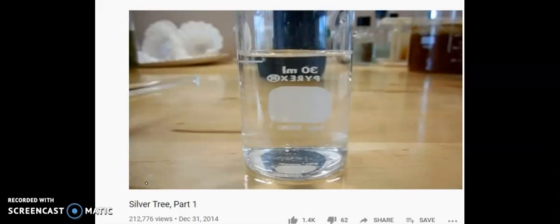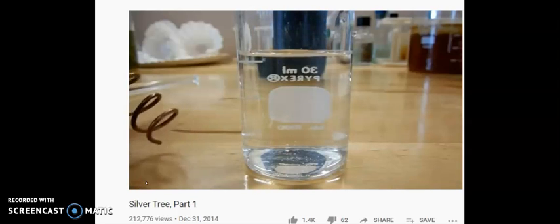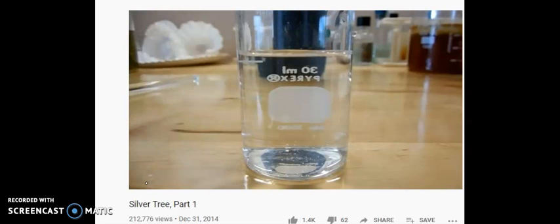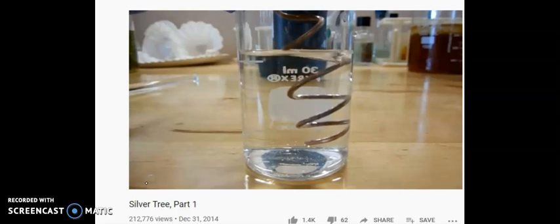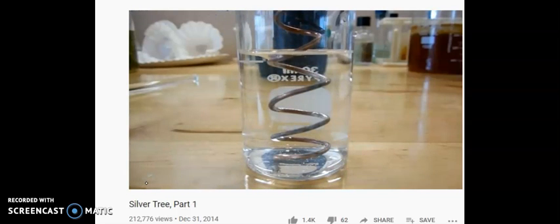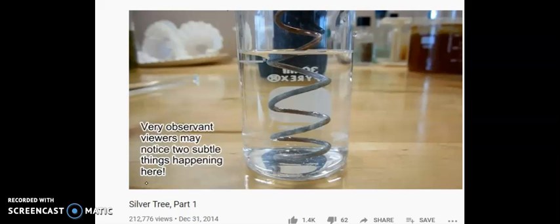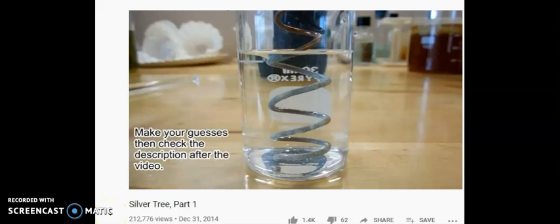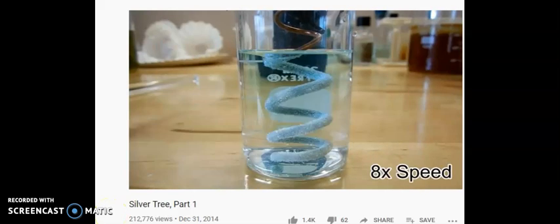Okay, I've got my solution made, and now I'm just going to toss the little coil of copper wire into it. See, almost immediately, we get a change to start happening. So the copper wire has started to tarnish, maybe.